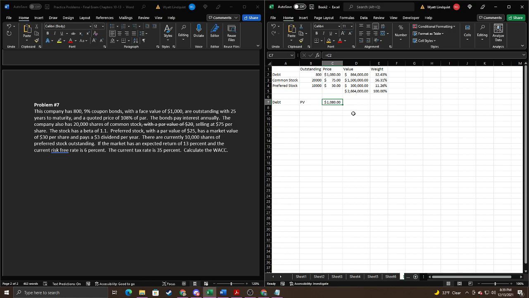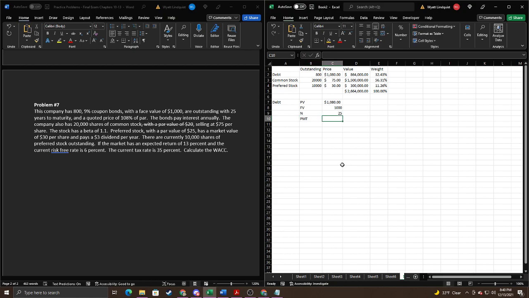The present value is $1,080, and then we have the future value. Now the future value is what they're going to be worth at maturity, which in this case is $1,000, and then they have 25 years to maturity, which is the N.